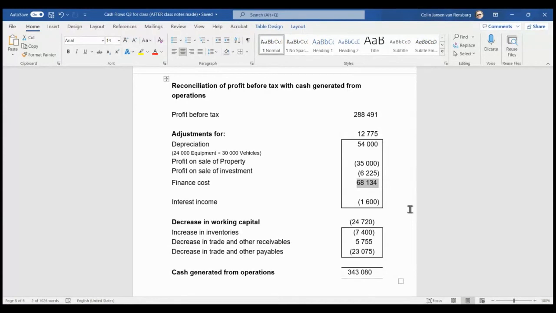In arriving at our profit before tax, this is the first of this kind that we are having, so maybe it's a good idea for you to type it. When we calculated our profit before tax in our statement of comprehensive income, did we originally deduct the finance cost or did we add it? We deducted it.